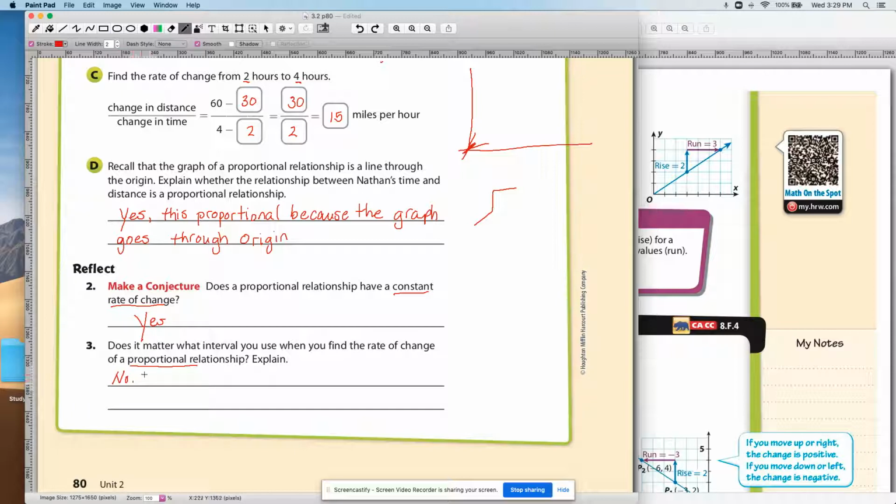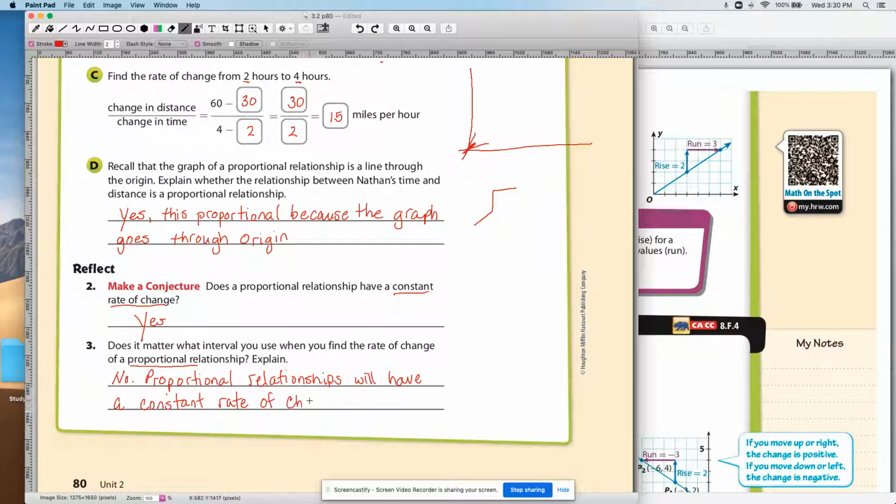No. Proportional relationships will have a constant rate of change.